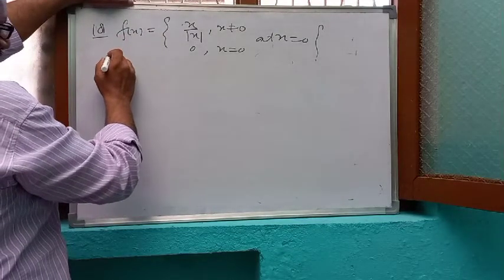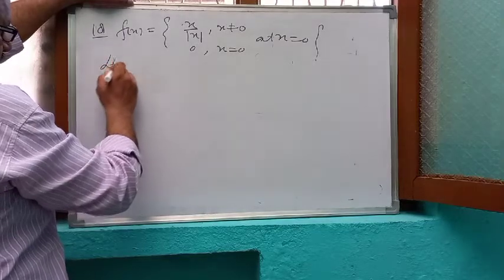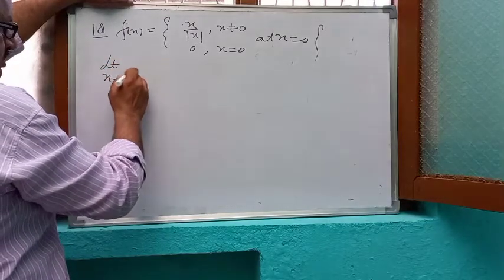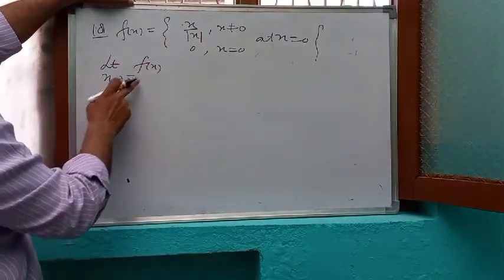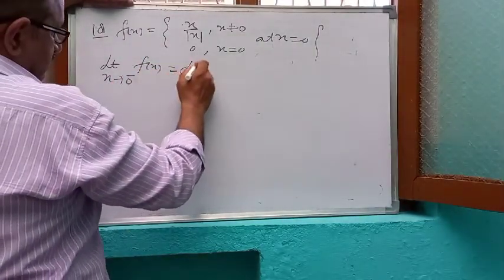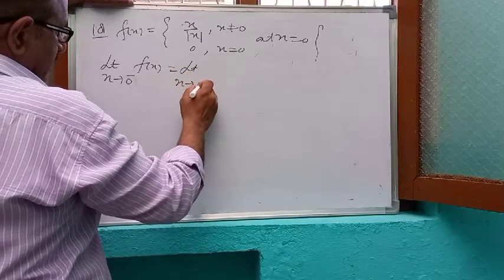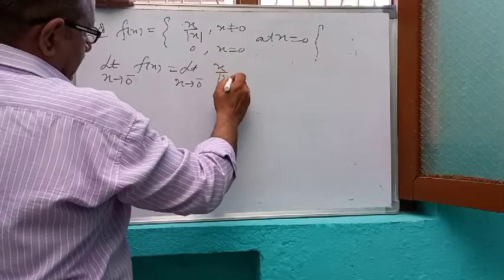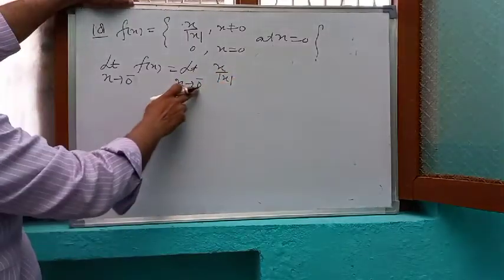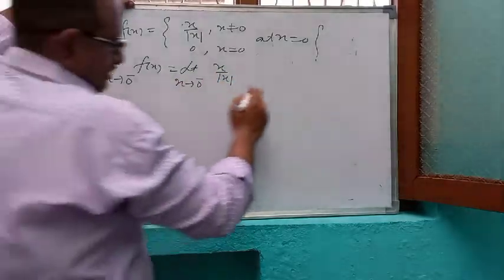So again we have to take the left hand limit. Limit x tends to 0 minus f(x) is what? x by |x|. 0 minus means less than 0.